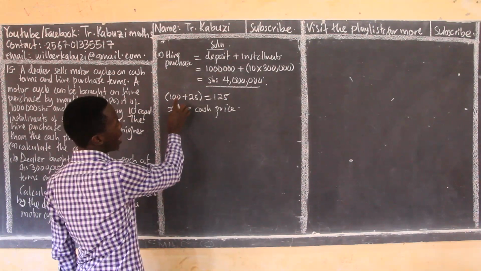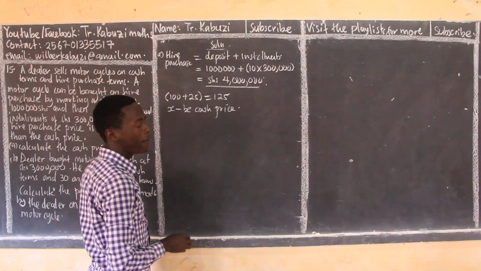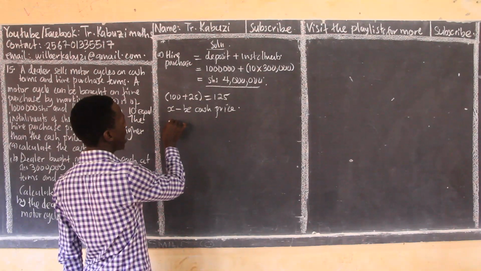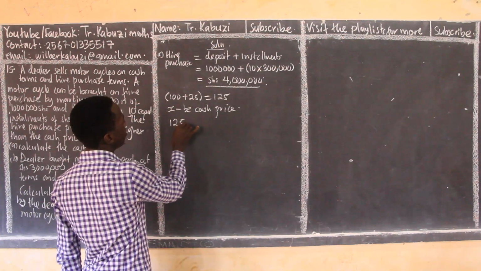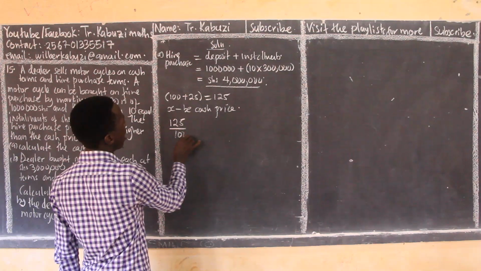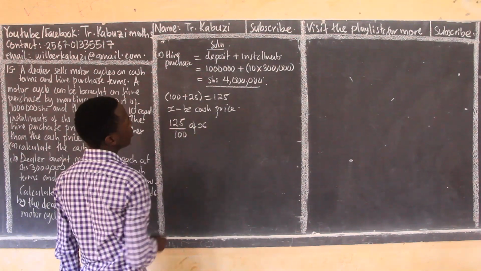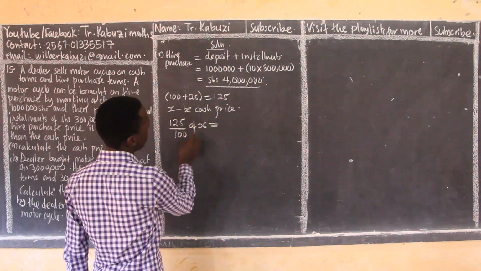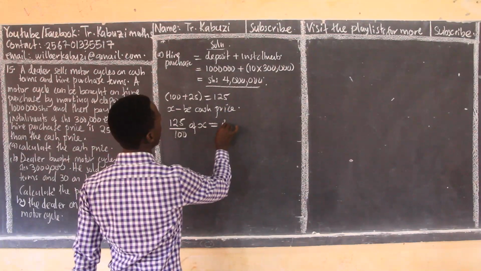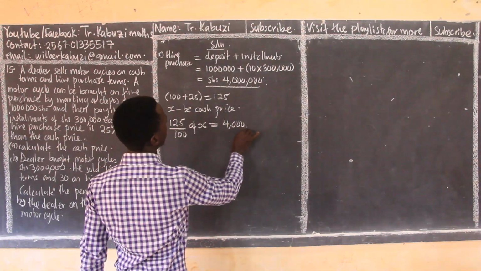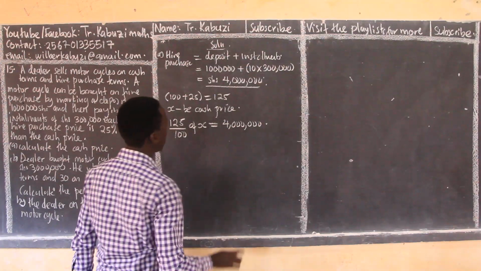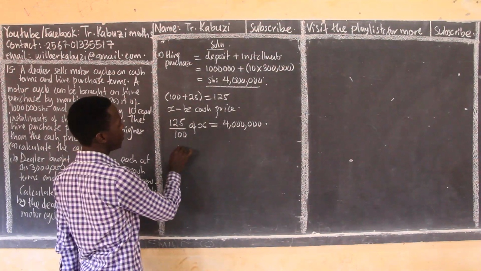If the hire purchase is 25% higher, then it will be 125 over 100 of the original amount, which is X. Then if I multiply that, I'll be getting the 4 million. And I multiply that side, I'll be having 125.